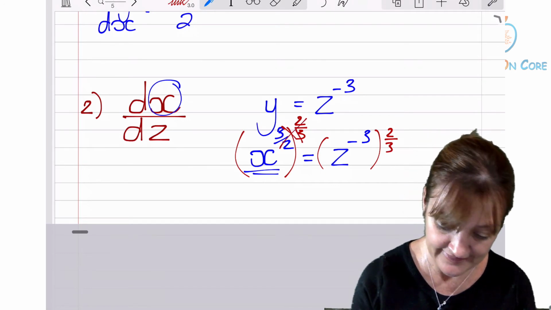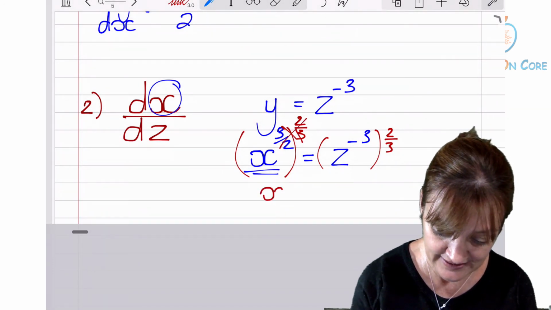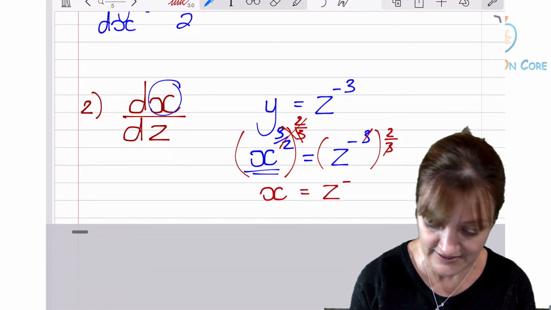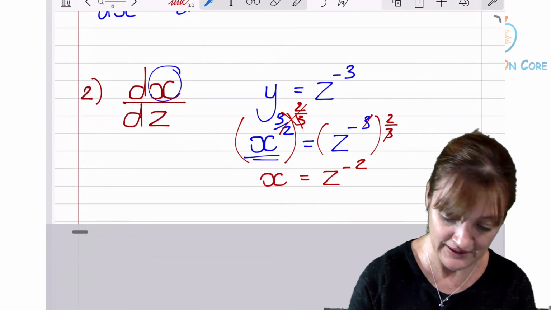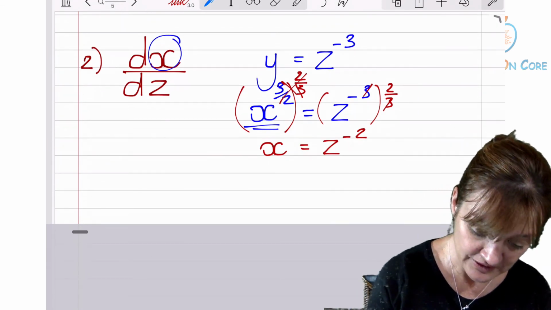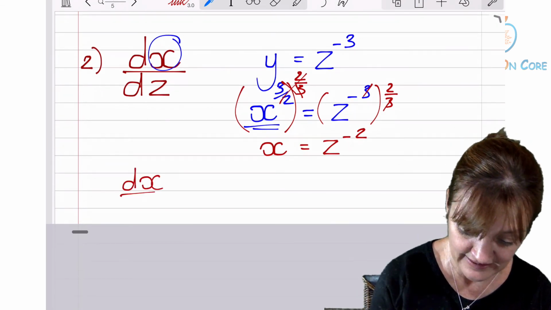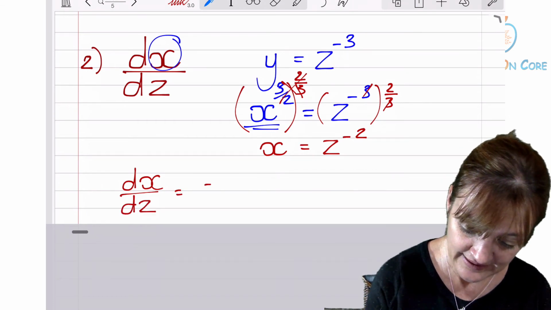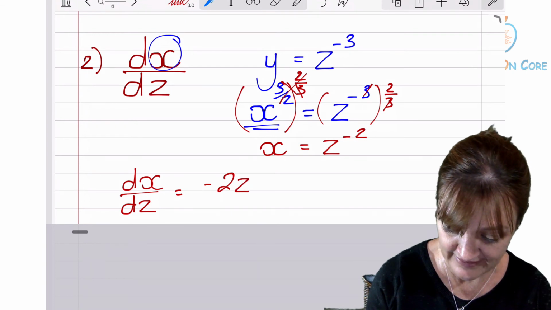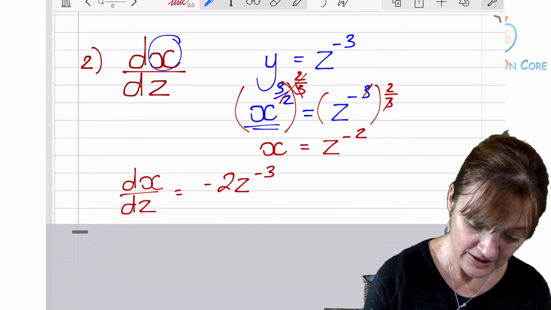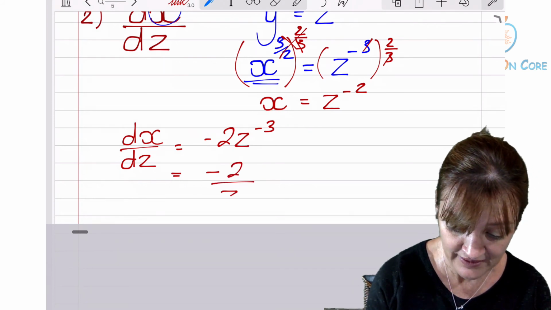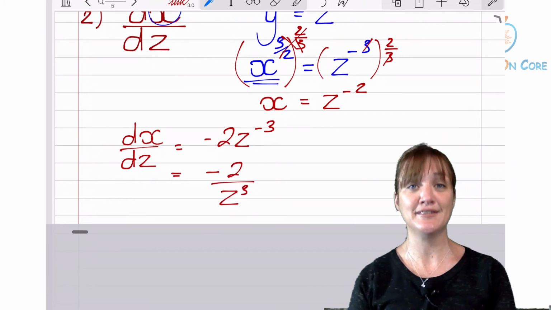So this all cancels out, leaving us with just x, and this cancel is going to land up with negative 2. So the derivative of x in terms of z is going to land up equaling negative 2z to the negative 3, which obviously becomes negative 2 over z to the positive 3.